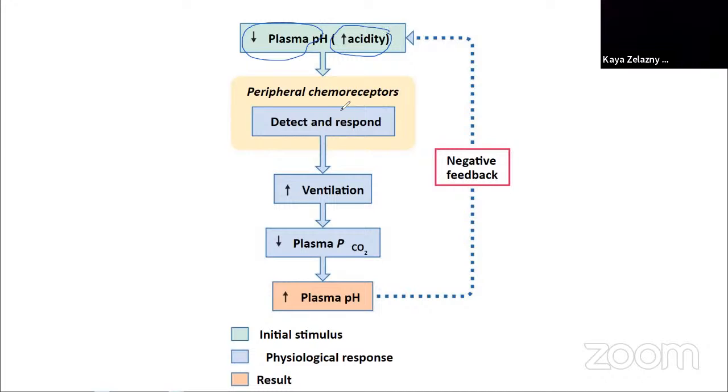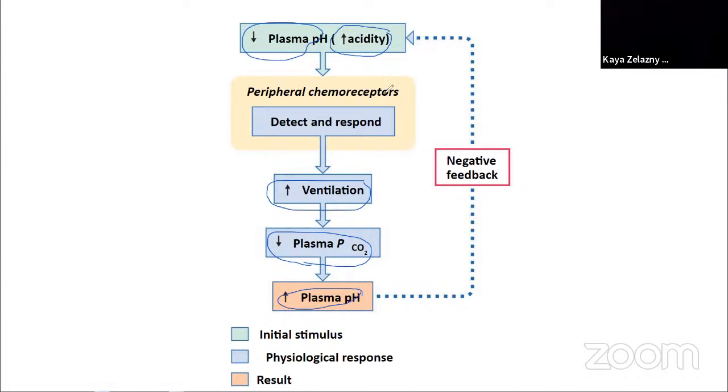They're going to start increasing ventilation. The point of increasing ventilation is to breathe off CO2, which is an acid, which lowers our partial pressure of CO2 in the blood. We've lowered the amount of carbon dioxide, which is an acid, meaning we've raised our pH.